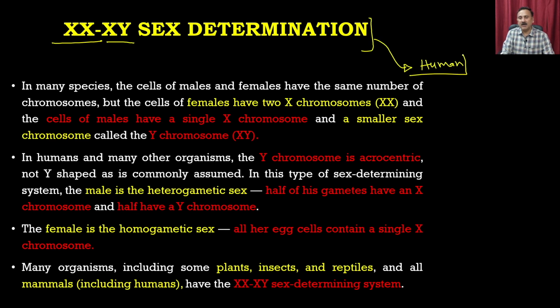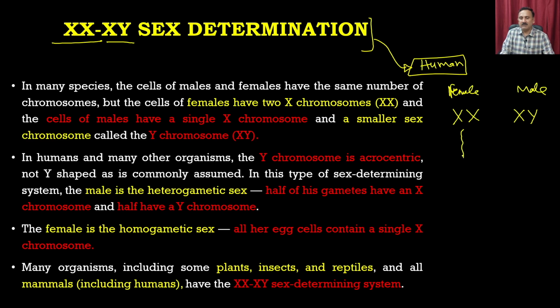So the females are going to have XX, and the males are going to have XY. So this is the female, right? And this is going to be male, right?